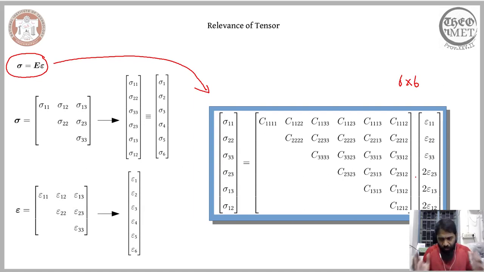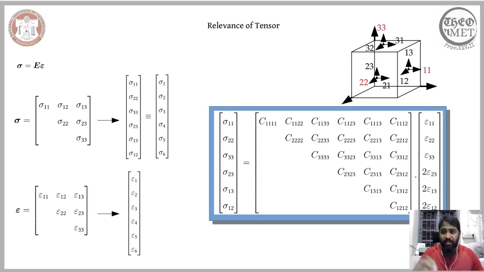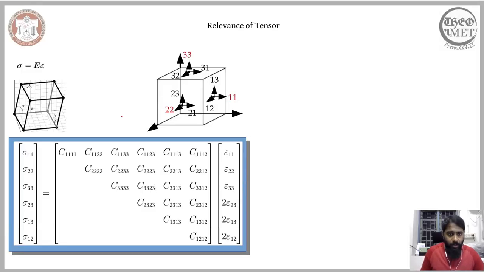Now, just to make you understand what this means and how we can relate it to our crystalline materials, I just introduce this representation here. Again, these indicate the normal stresses. As you can see, 3 3, 1 1, 2 2, these are our normal stresses, and these 3 here indicate the shear stresses. When I want to describe the effect of this component of stress, all I need to do is multiply this row with this column.